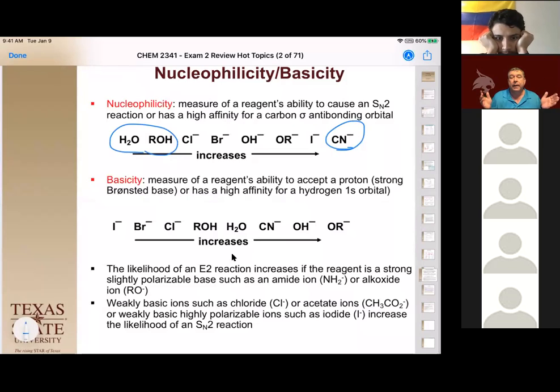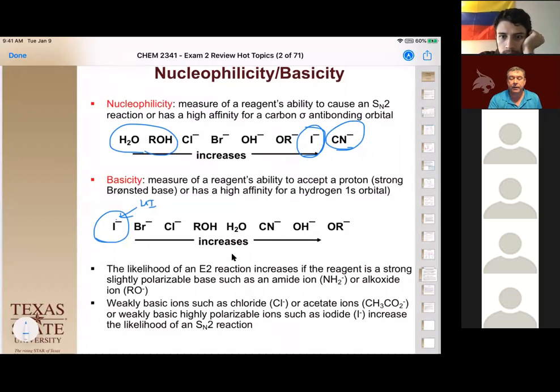If the conjugate acid is a very strong acid, that makes it a very weak base. If its conjugate acid is a very weak acid, it's a very strong base. So see how the order changes here. This is a very good nucleophile, but a very bad base. If we look at the pKa of the conjugate acid here, it's like -7. That's why it's a bad base. But it's a big polarizable anion. That's why it's a good nucleophile.